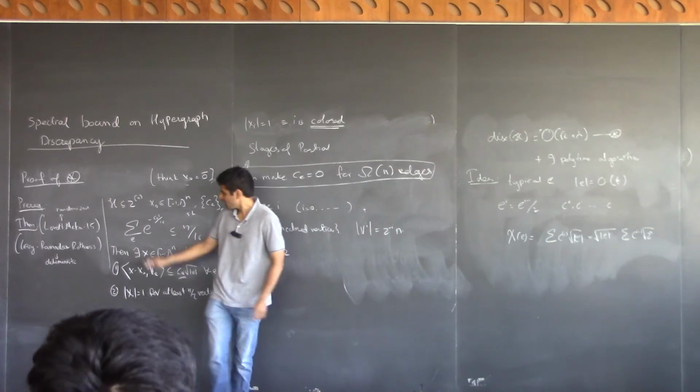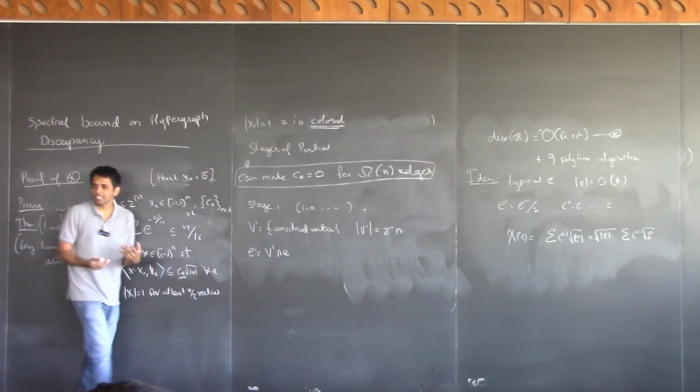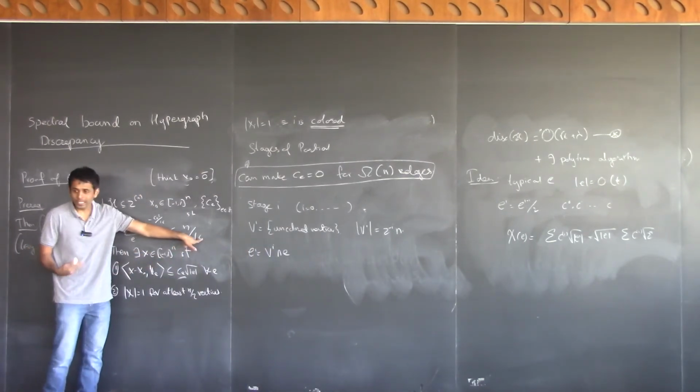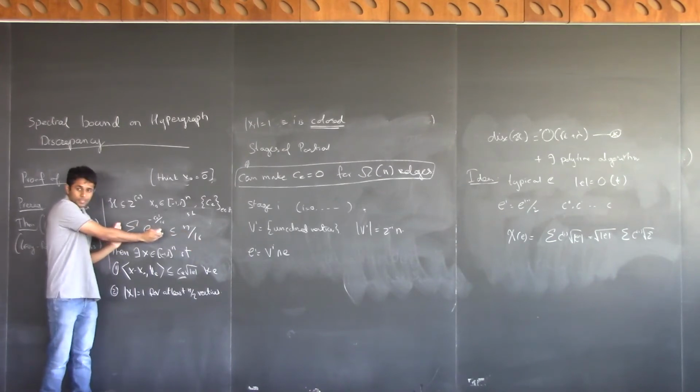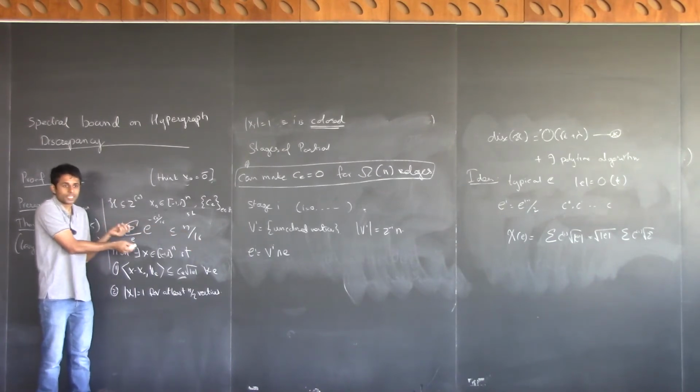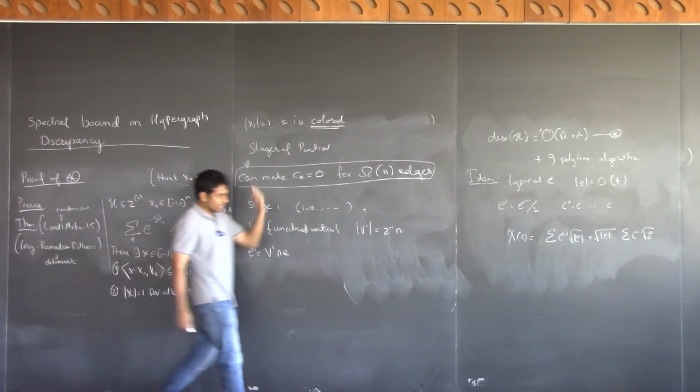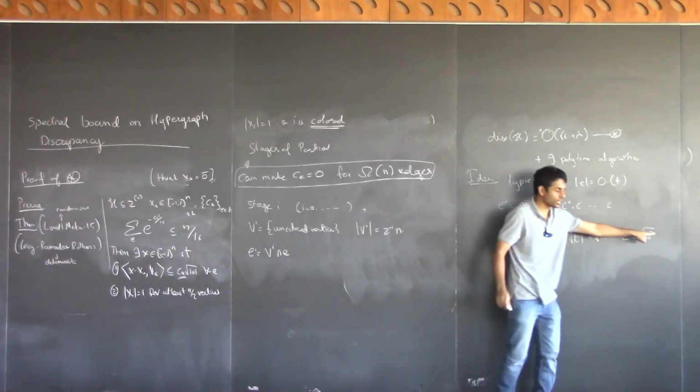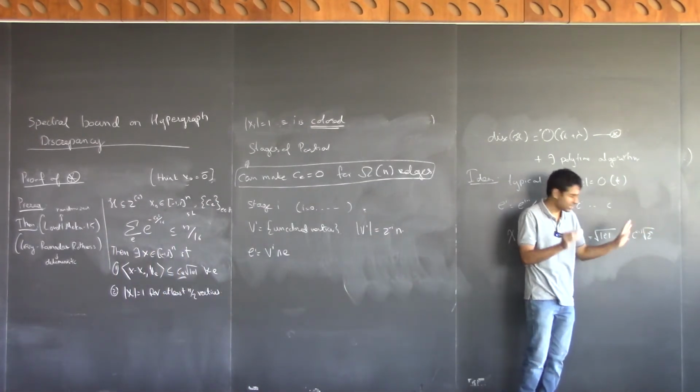The point is Ci has to keep growing, because in every stage of coloring half the vertices this quantity reduces, but the number of summands is the same. So you have to increase Ci a bit to make up for this, but that's nothing compared to what's happening here. That's the hope.